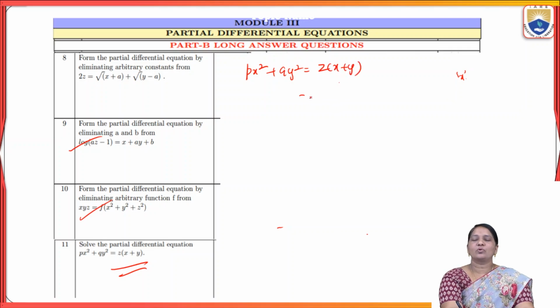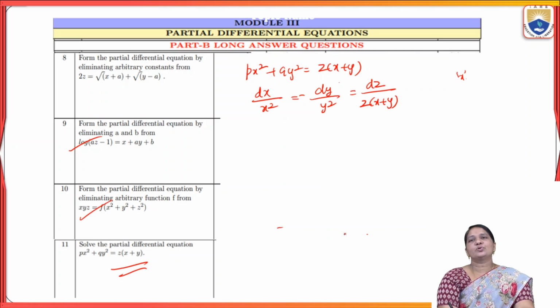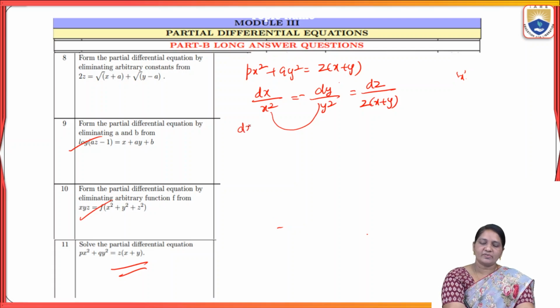Here we are going to write the auxiliary equation. I am not writing all steps, as we already know this. So dx/x² equal to dy/y² equal to dz/(z(x + y)). Here I can use one set of equations or the grouping method to get the first solution. So first I am taking dx/x² equal to dy/y².